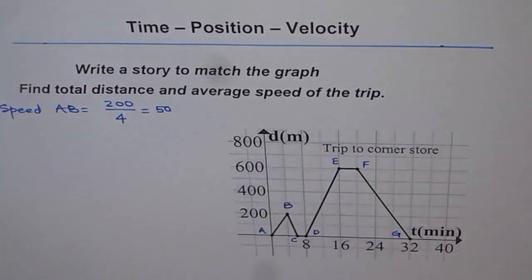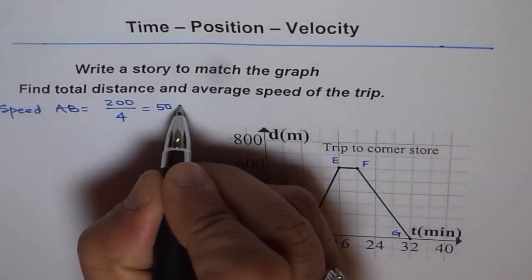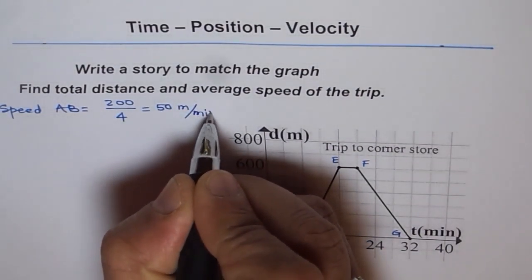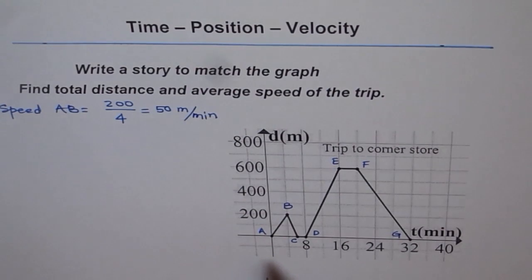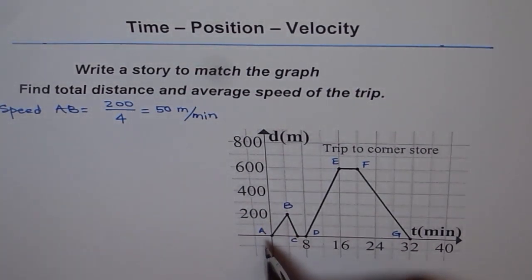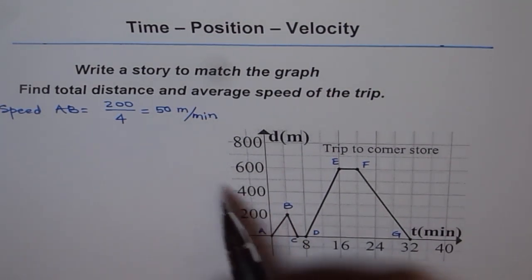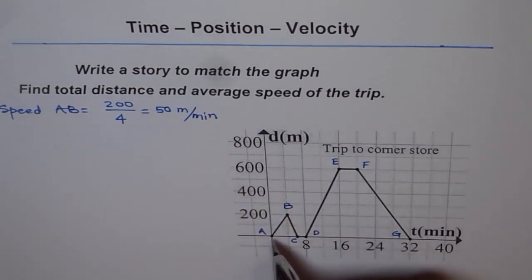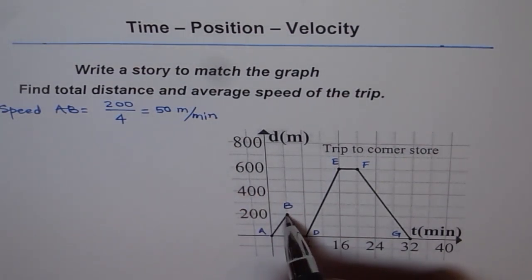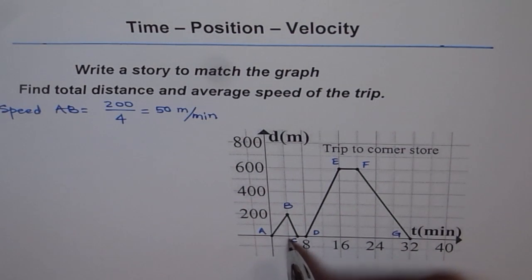Units are meters for distance and minutes for time, right? So initially, we can say Tom leaves the house and steadily walks towards the corner store at the speed of 50 meters per minute and covers a distance of 200 meters in the first 4 minutes.